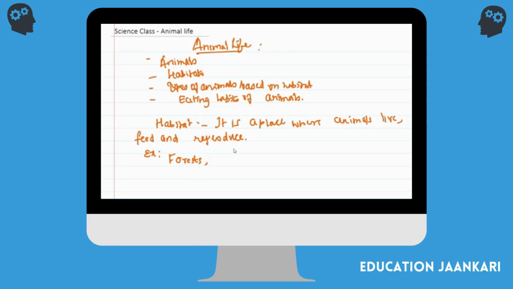It eats bananas, I think, or grass, and it reproduces by a mother. Okay, fine. So it gives birth to the young ones, baby elephants. So my question here was, what is the habitat of elephant? So the habitat of elephant is forests.